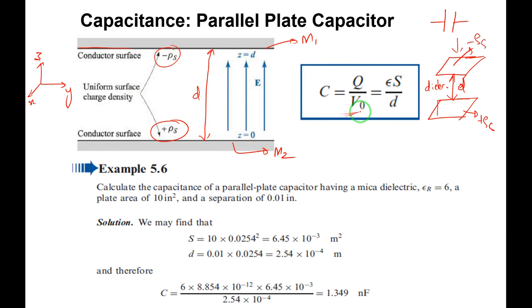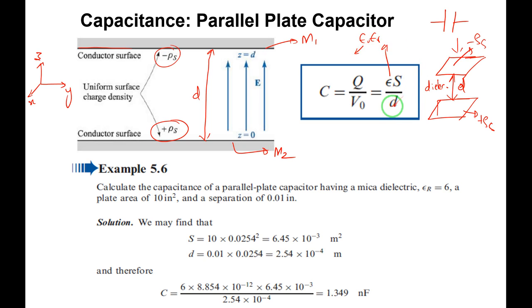So, dimensions of the plates. The capacitance C depends on the surface area of the plates. This epsilon is nothing but epsilon naught into epsilon r. Epsilon r is the relative permittivity, and epsilon naught is the absolute permittivity constant, 8.854 into 10 power minus 12.